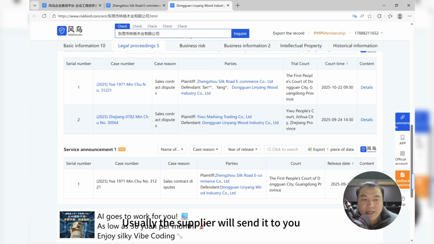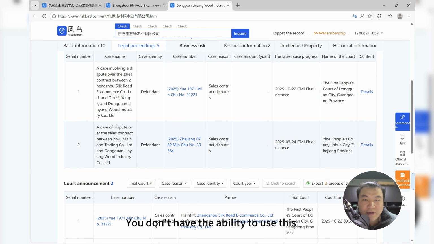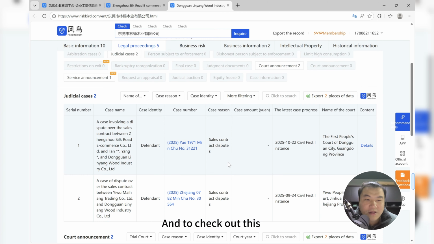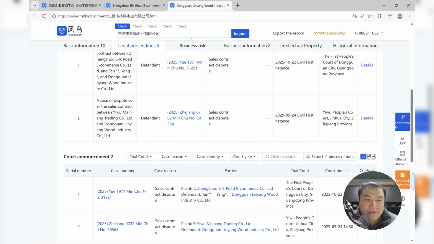Usually the supplier will send it to you, because most suppliers in China will not expect you to be able to use something like this. They will think you don't have the ability to check all this information and understand everything. They didn't notice you will succeed.